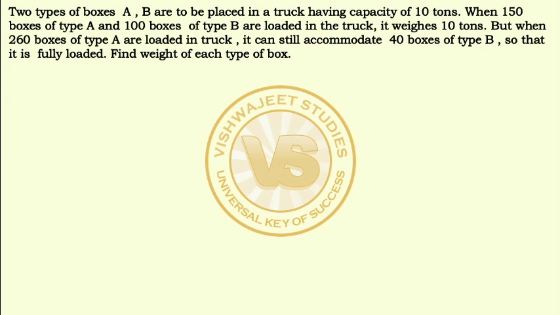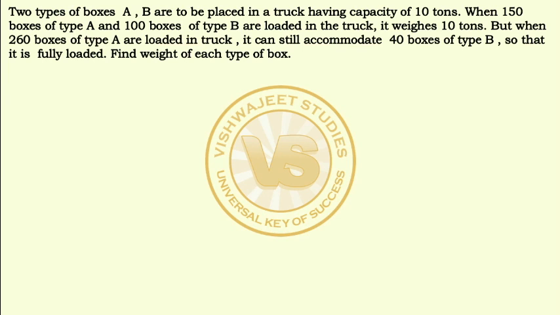Here, two types of boxes are given, type A and type B. The weight of a type A box and the weight of a type B box are different, which we don't know. For that, we are considering letters. The number of boxes and the weight of one box, their multiplication gives the total weight.